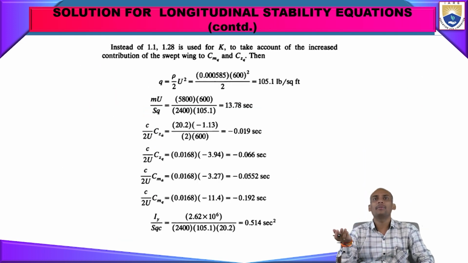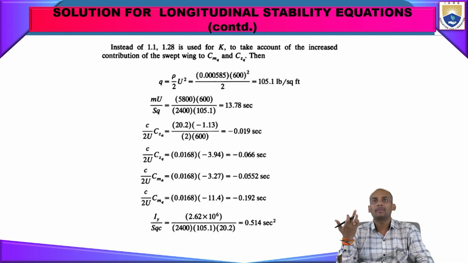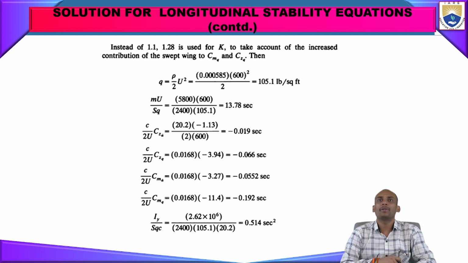Previously we didn't give the k values. Generally k values you can assume like 1.1 or 1.2.